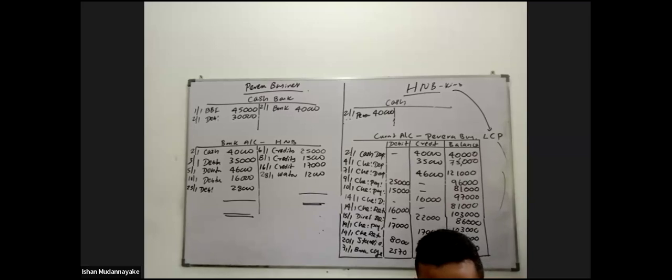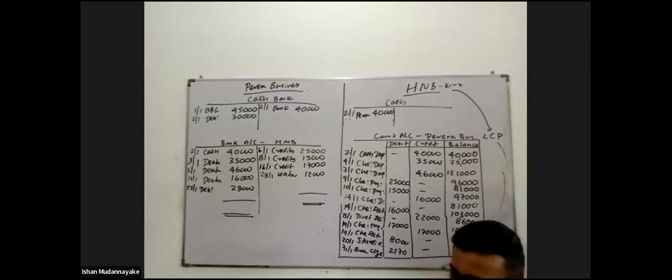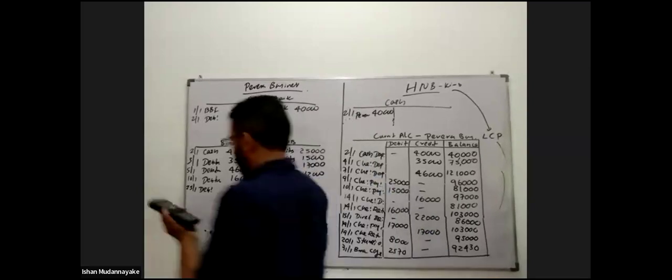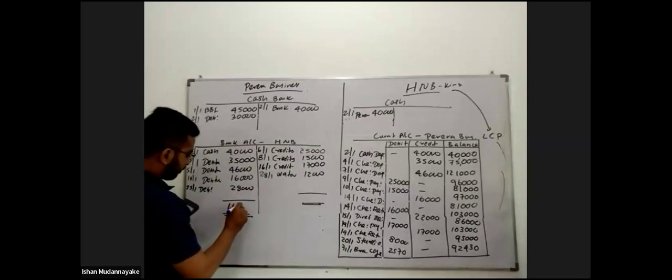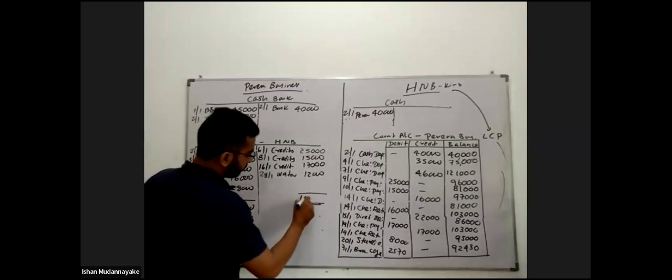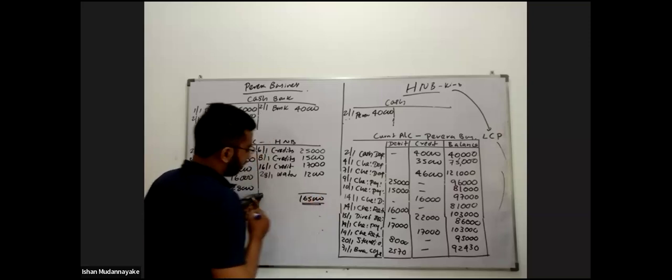96,000. Is it correct? 4,000 plus 35,000 plus 46,000 plus 16,000 plus 28,000 is 165,000. Right.